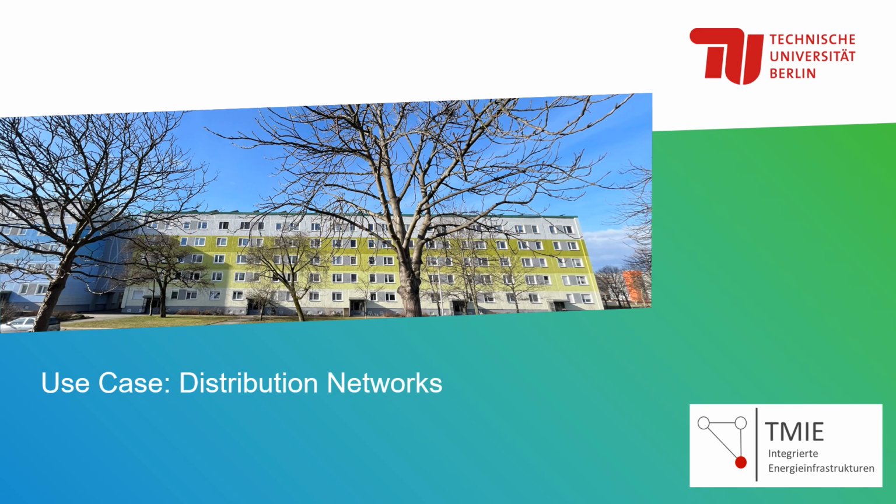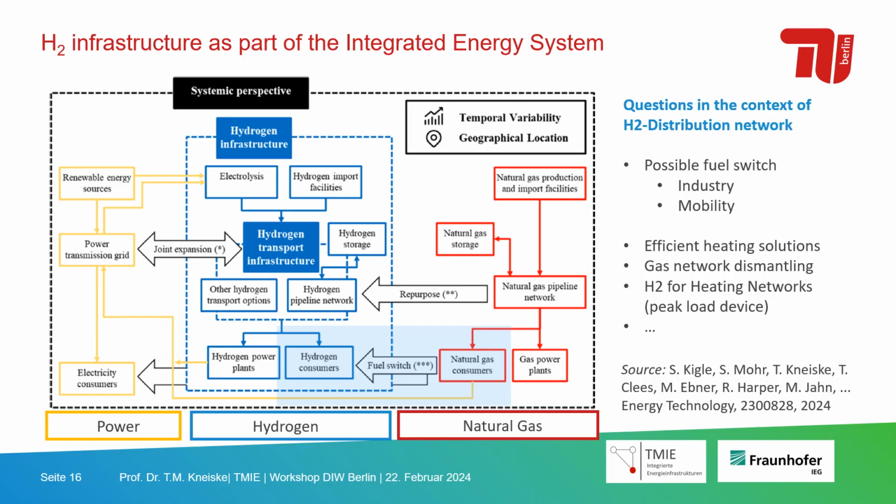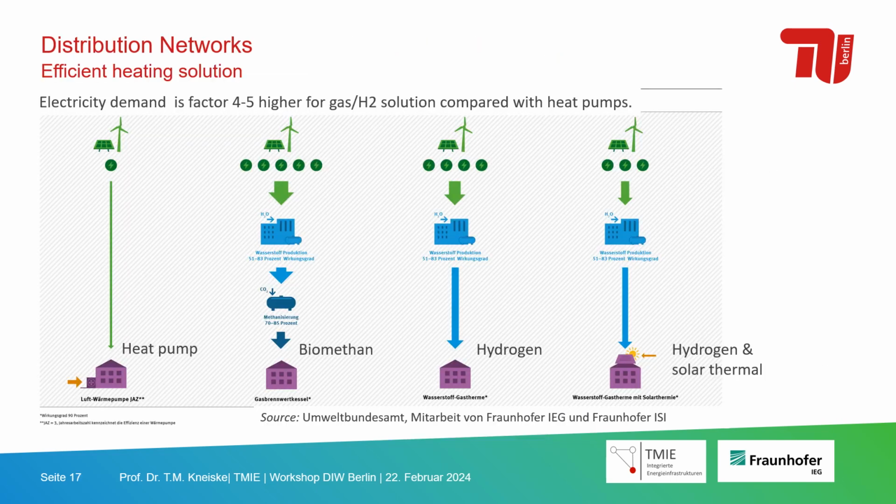The second use case is dealing with distribution networks. The questions of future hydrogen distribution networks are about possible fuel switches, mainly for industry and mobility, but also about the future of efficient heating solutions in the residential sector. One important decision for each house owner who is still connected to a natural gas network is about their future heating solution.